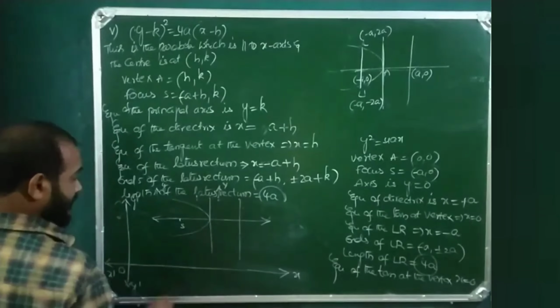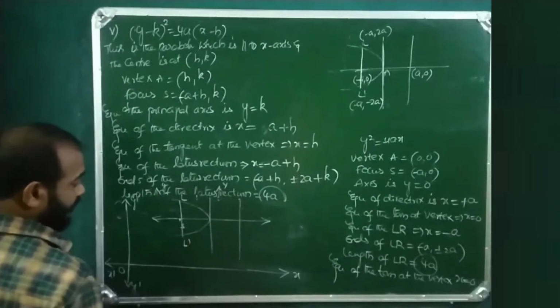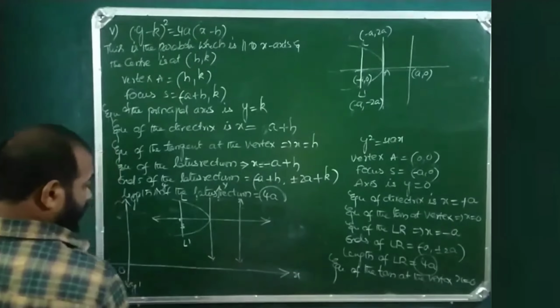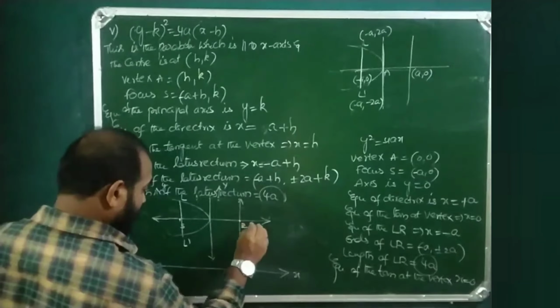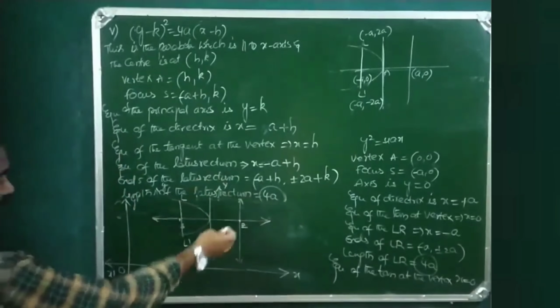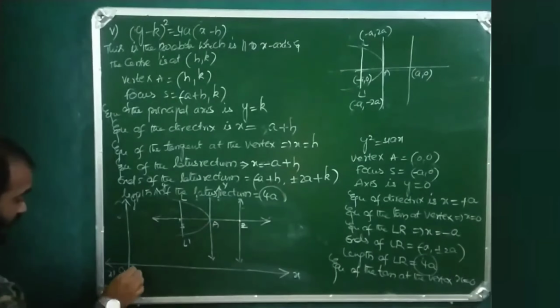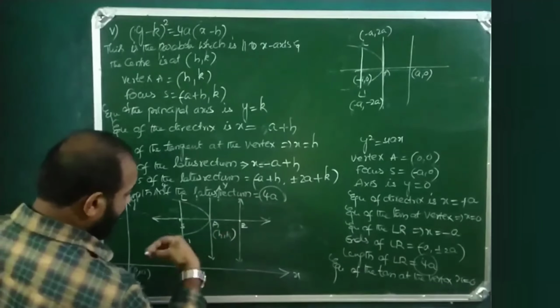This is our S. This is L dash. This is Z. This is the equation of the directrix, and this is our vertex. So vertex here, this is 0 0. This is other than 0 0, h comma k.